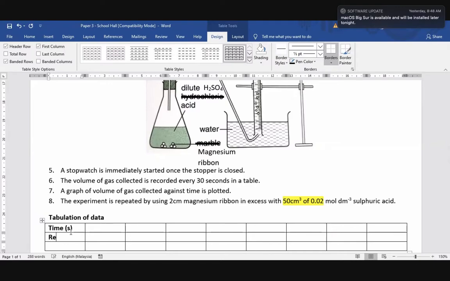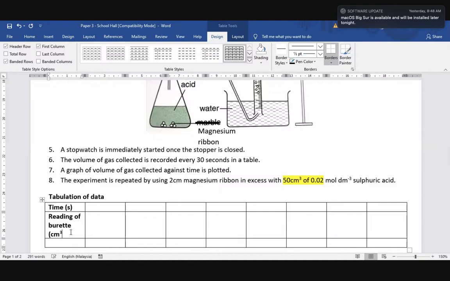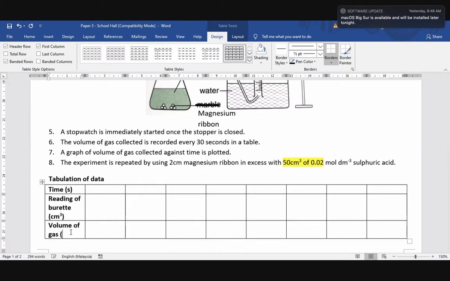So you can put the reading of burette. Basically, you need to put time and volume of gas. If you don't want to put the reading of burette, it's up to you.